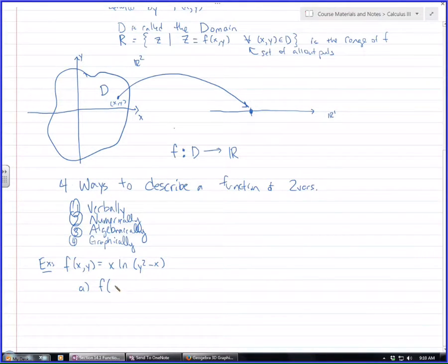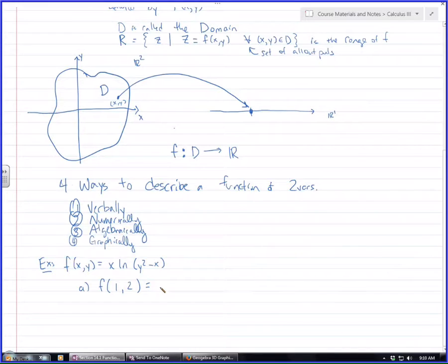If I say, what is f of 1 comma 2? You understand what that means, right? What am I going to plug in to get my output?